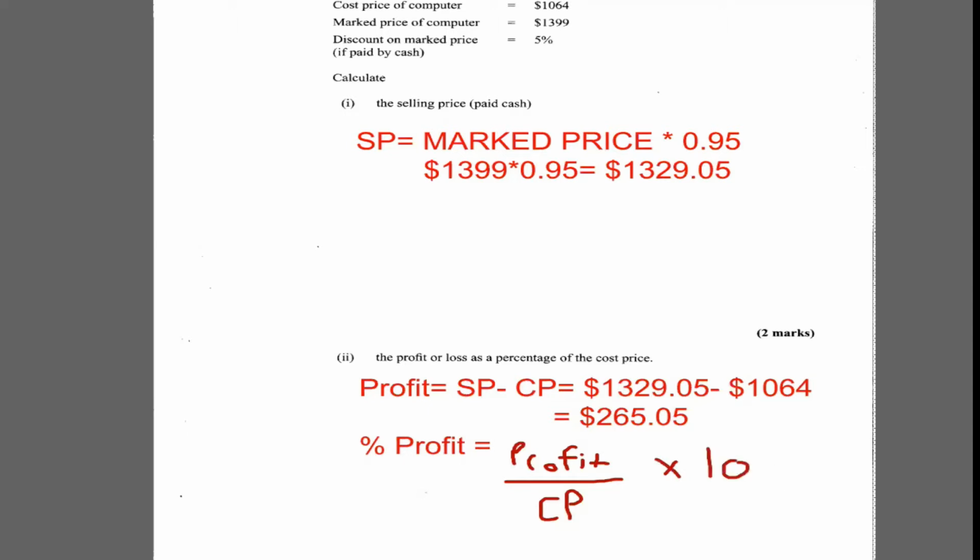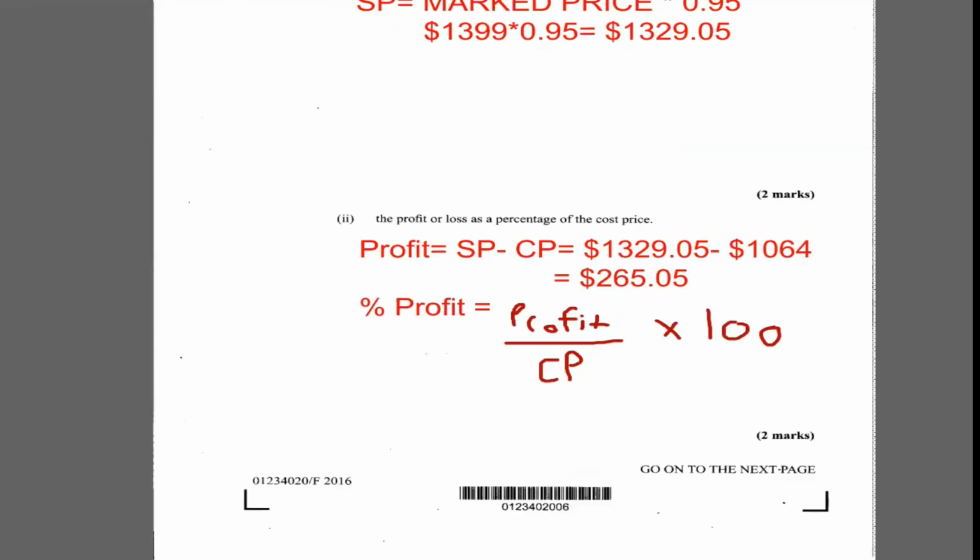So let's go ahead and work that out. The percentage profit is equal to the profit, which is 265.05, divided by the cost price, which is 1,064, and we multiply that by 100. That will give us the percentage profit.